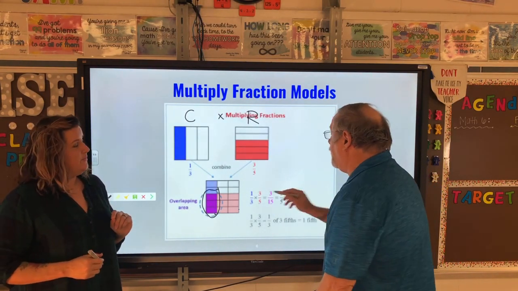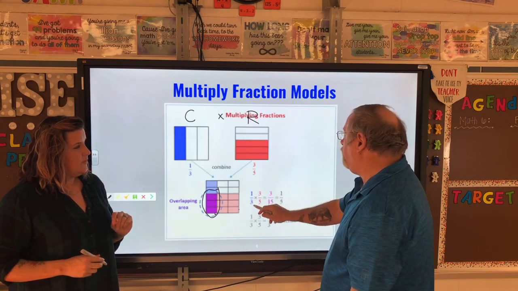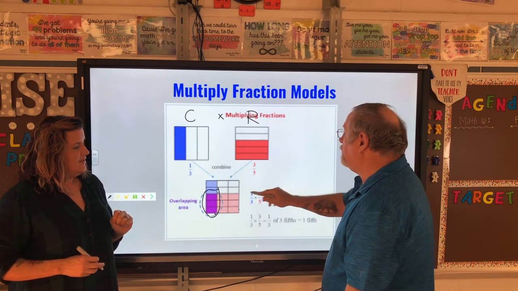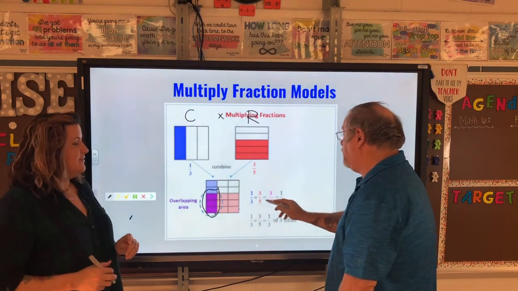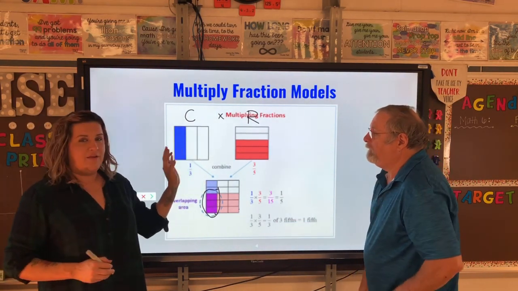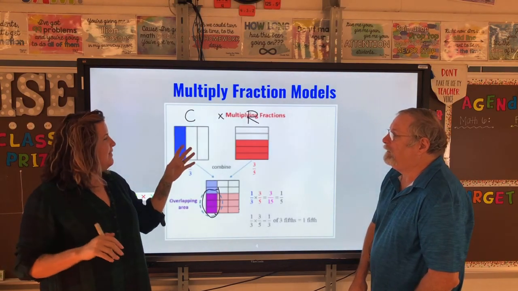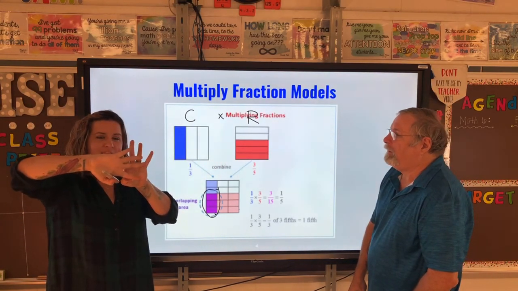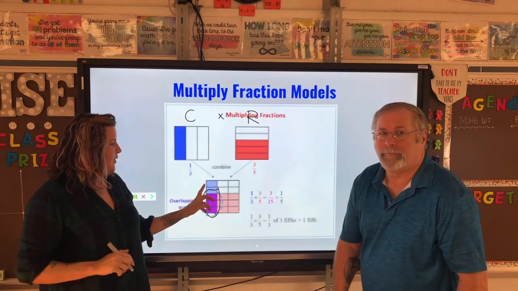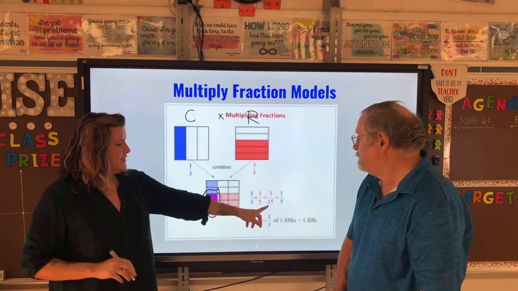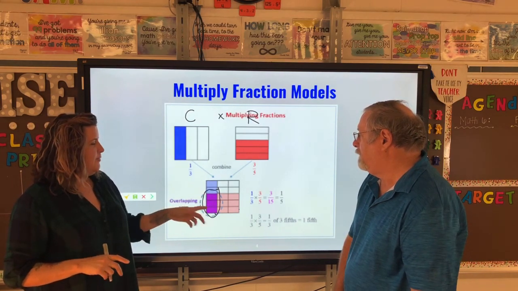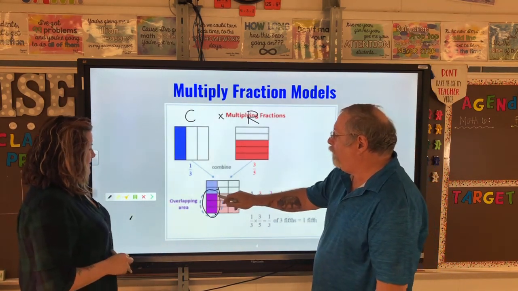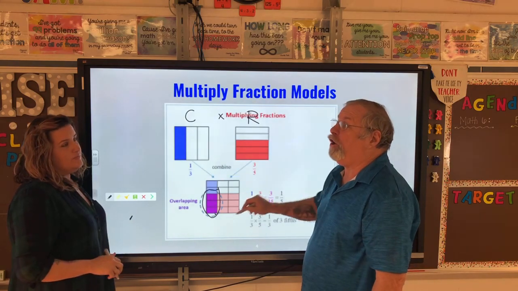So 1/3 times 3/5: 3 is the numerator, and all of the boxes become the denominator. When we combine columns and rows, it creates a little grid effect. All of the little squares are the denominator, and the double colored squares are the numerator. So the two things to remember: where the two colors come together, and all of the boxes.